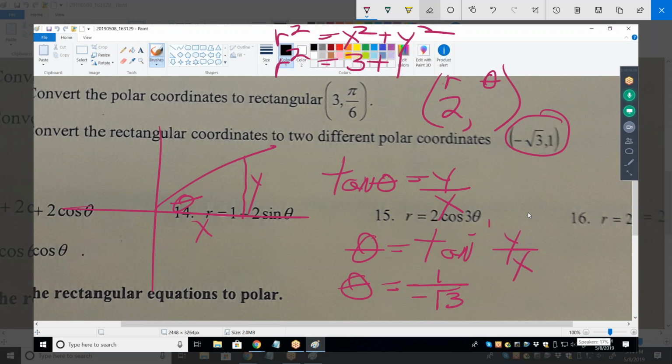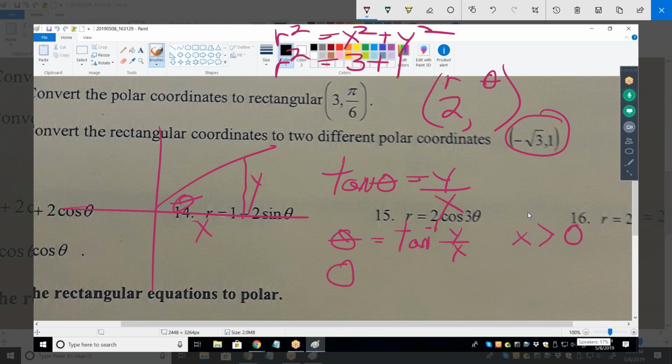The easiest way to remember this is the following. And this is going to be different. Theta equals the inverse tangent of y over x if x is positive.